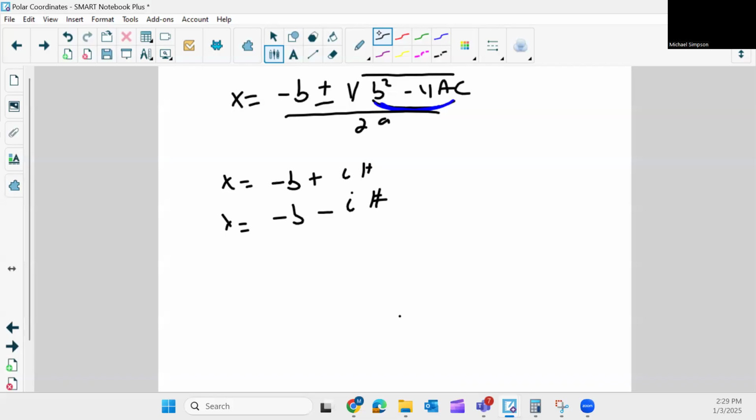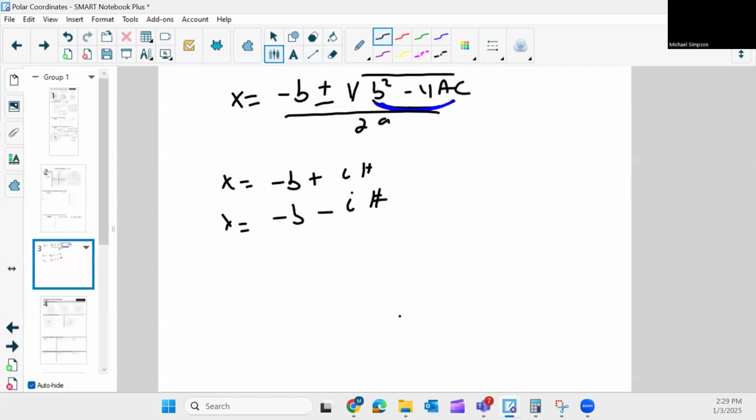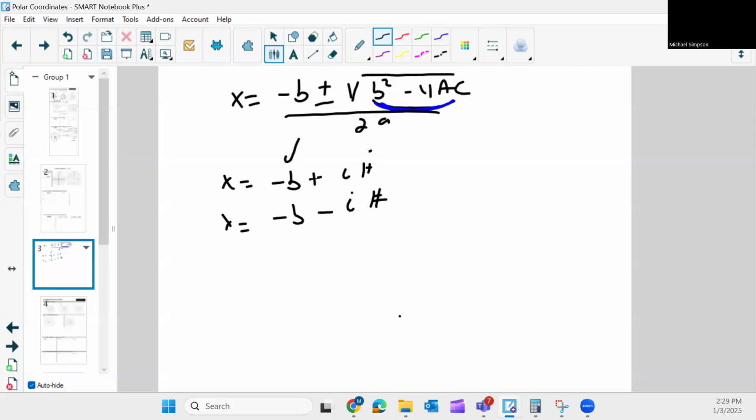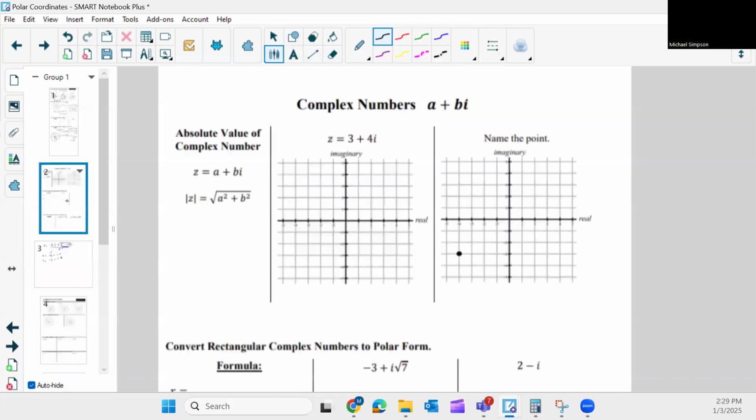So that's how you get a complex number. And so that's where this comes from, right? You have the real number and the imaginary number. Let's go back to here. Good. So we call that a complex number. So that's where it comes from.